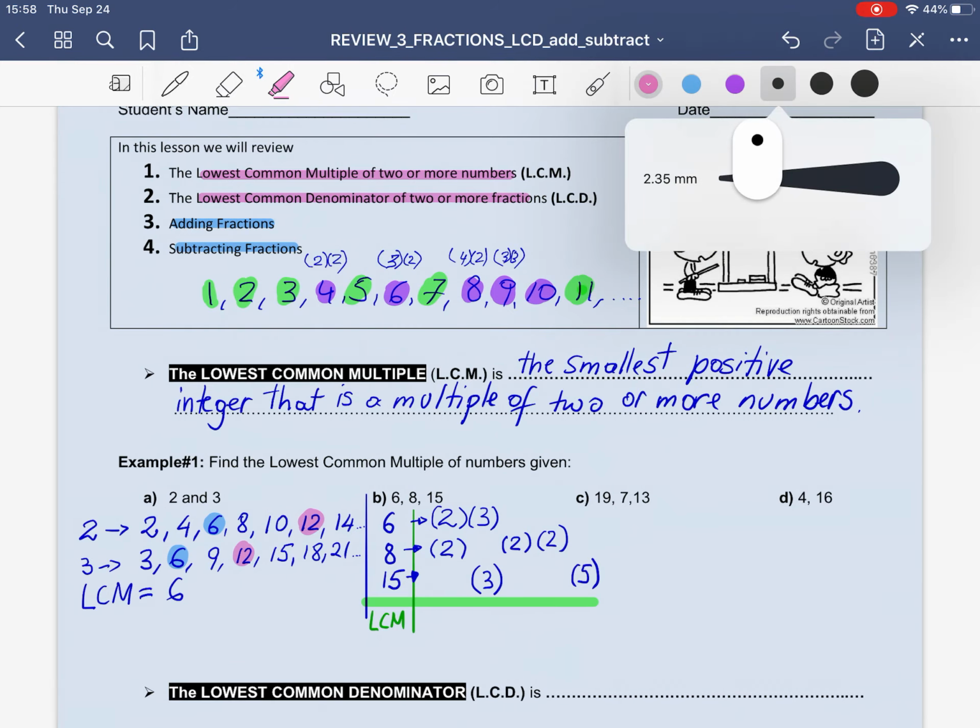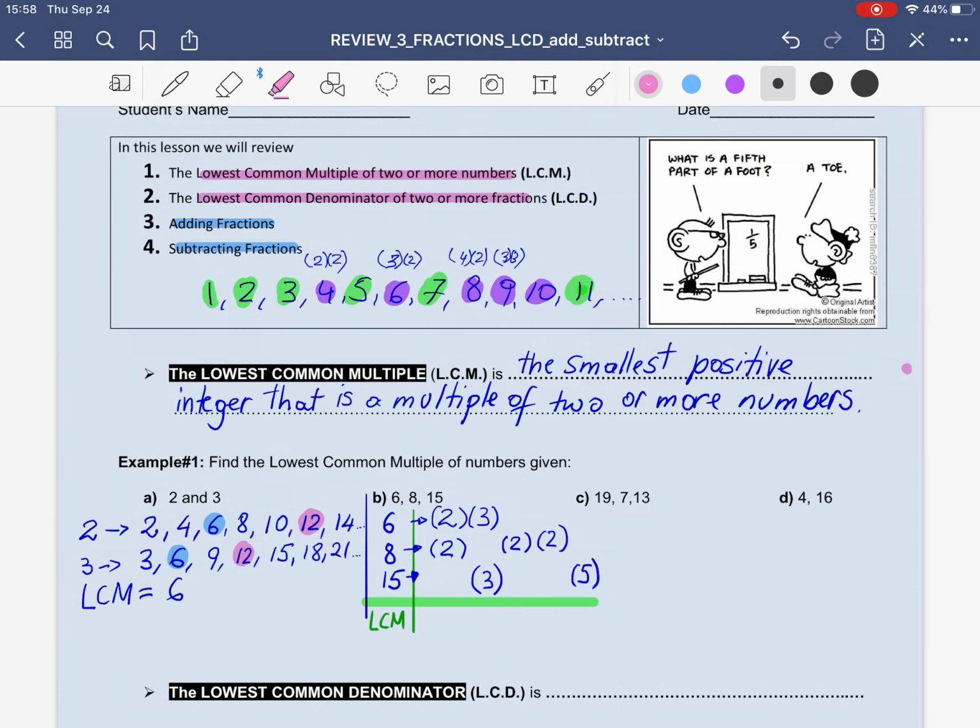We are going to take each and every factor down. So these 2, and this 2, and this one, and this one, and this one will act as the factors of the lowest common multiple. And we're going to say that we have the numbers 2, and then 3, and then 2, and then 2, and then 5.